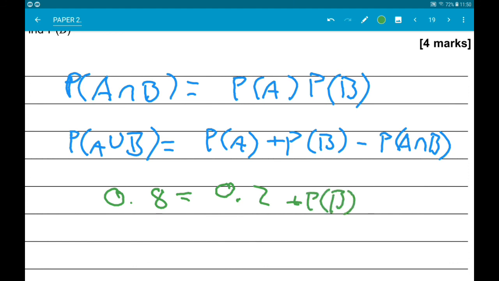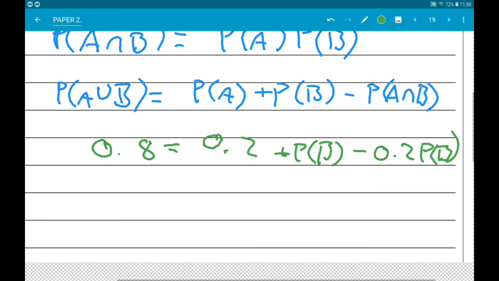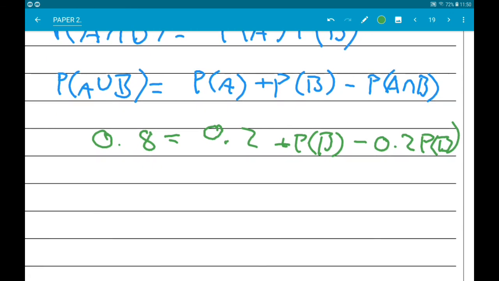Now, we can also say that we know the probability of A, so we have minus 0.2 times the probability of B. Okay, now we can subtract 0.2, so we get 0.6.